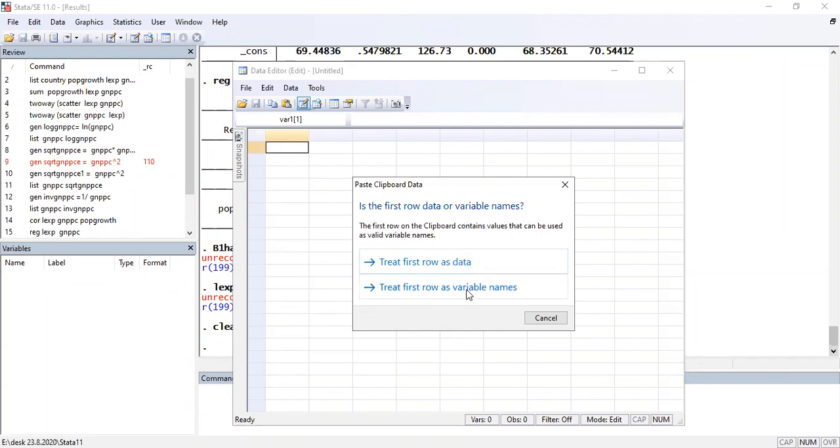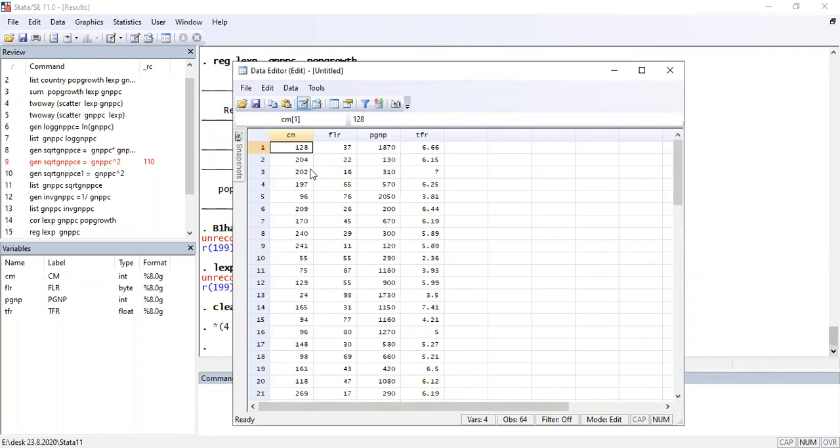So I said, treat first row as variable names, and everything is here. The whole file, CM, FLR, PGNP, TFR, is now in our data. Now you can do whatever you want to do. You can close it. It's already saved.